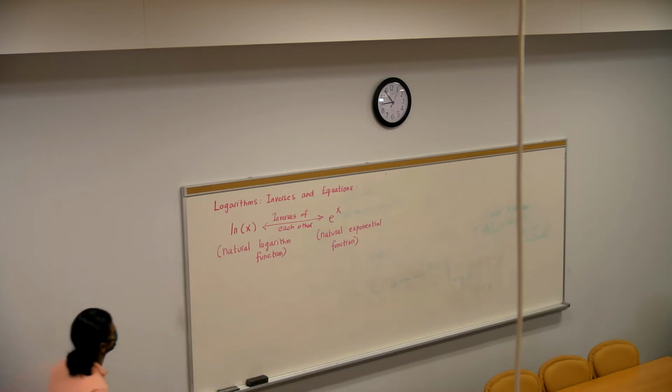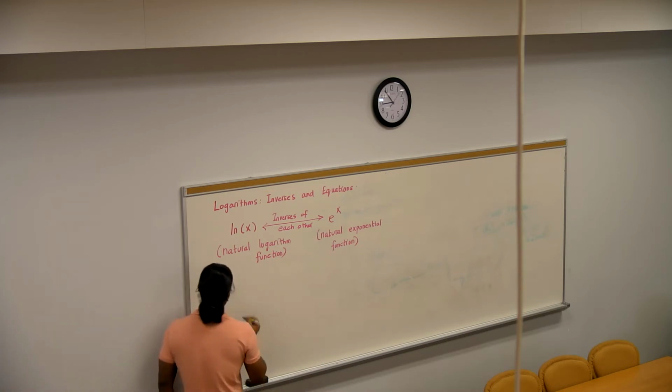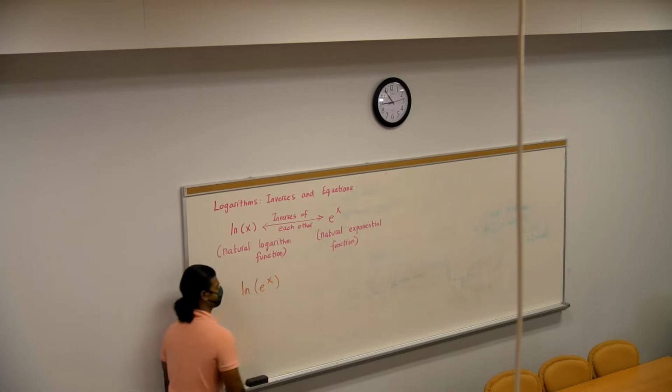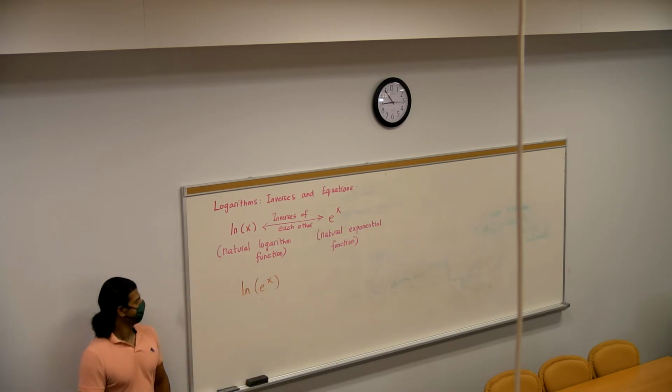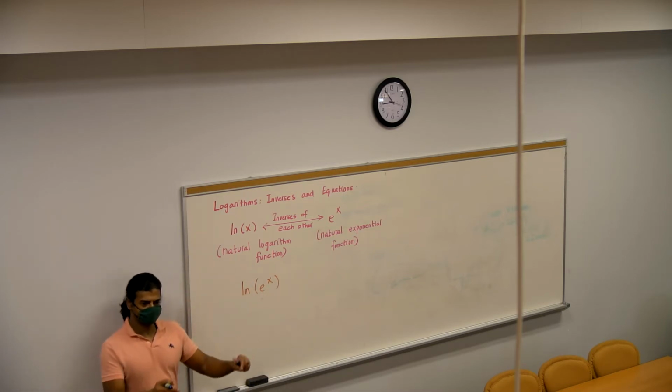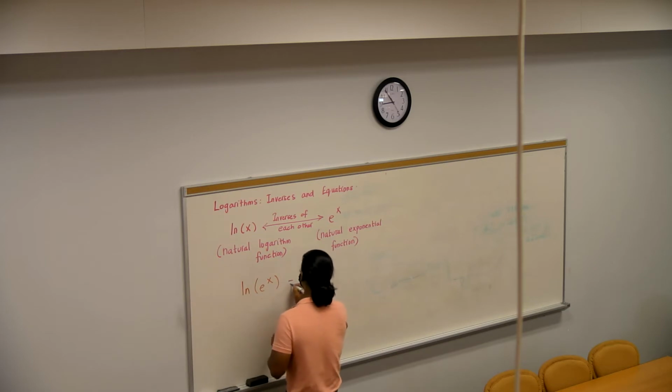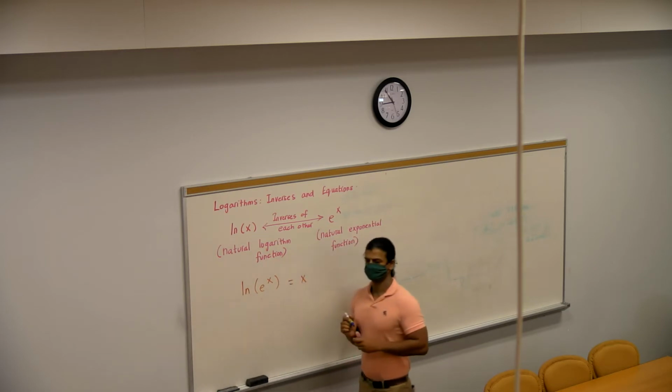Well, suppose we do ln of e raised to x. Instead of x, I am plugging in e raised to x in a natural logarithm. The answer would be x.